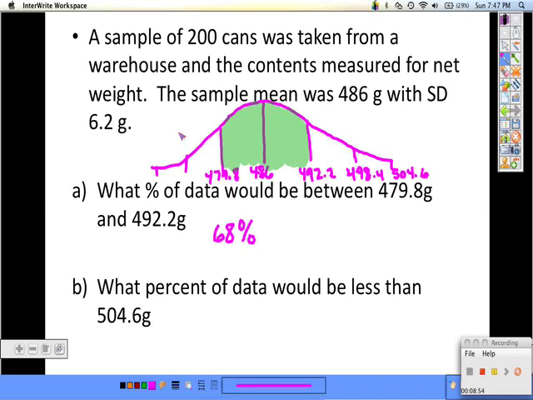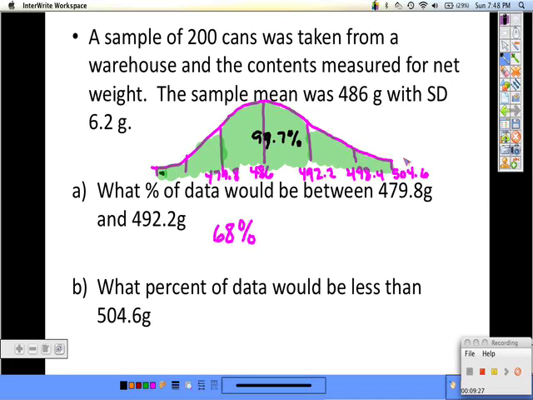We know that from 3 below to 3 above, that is 99.7%.